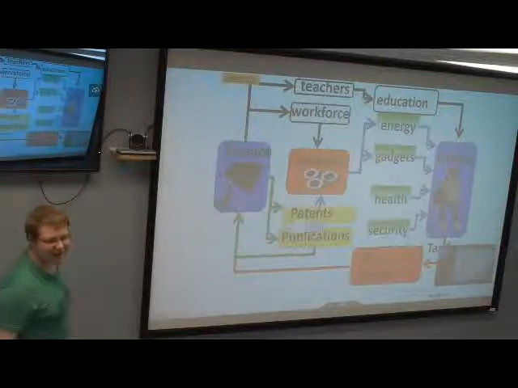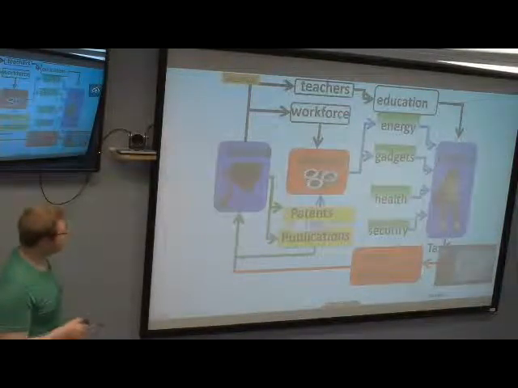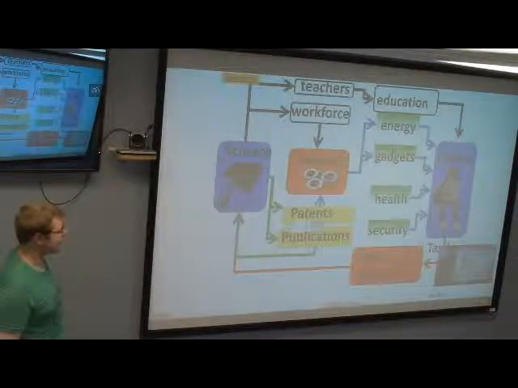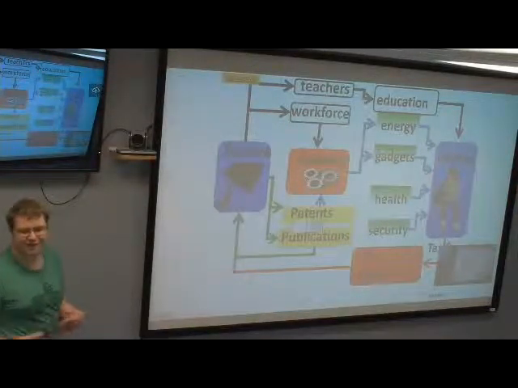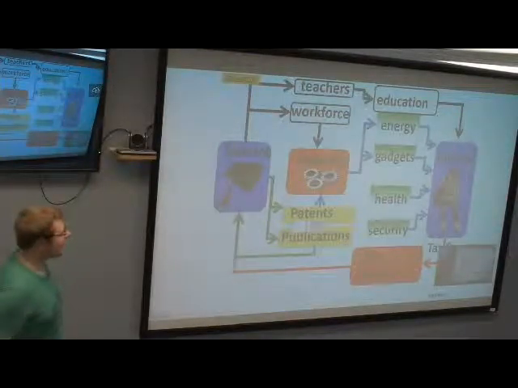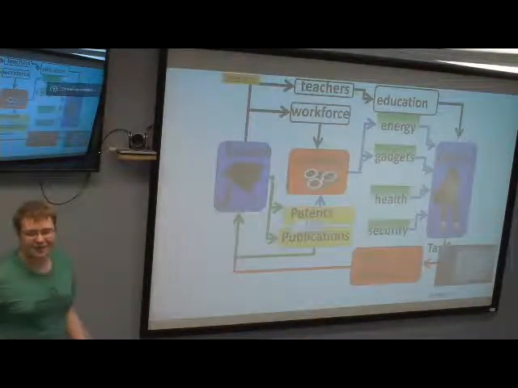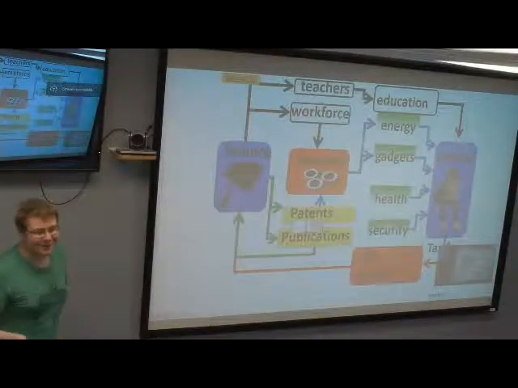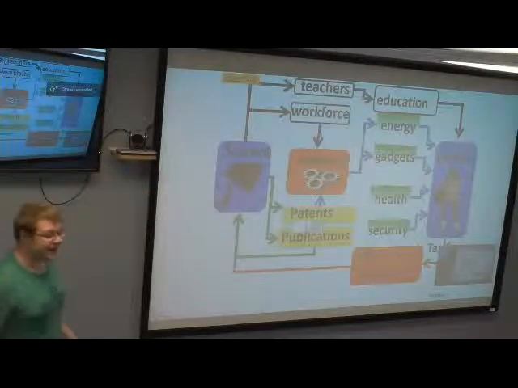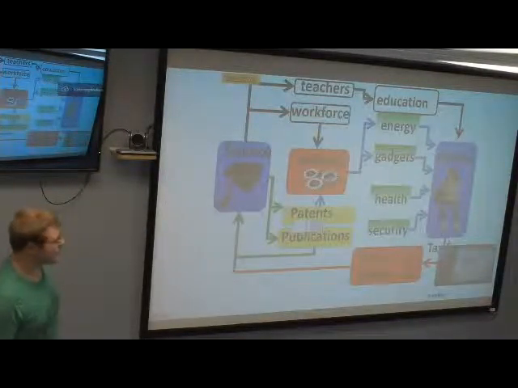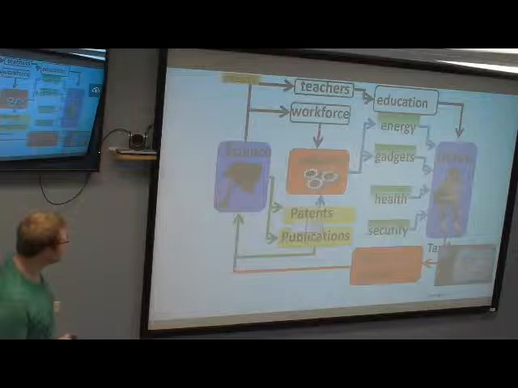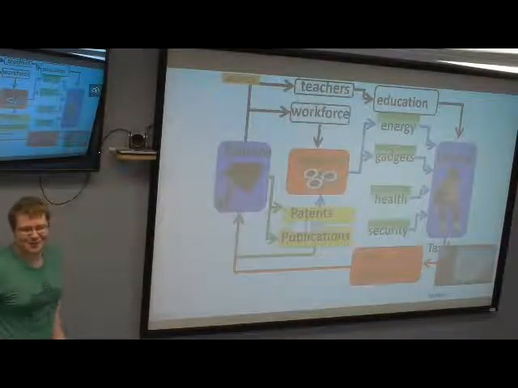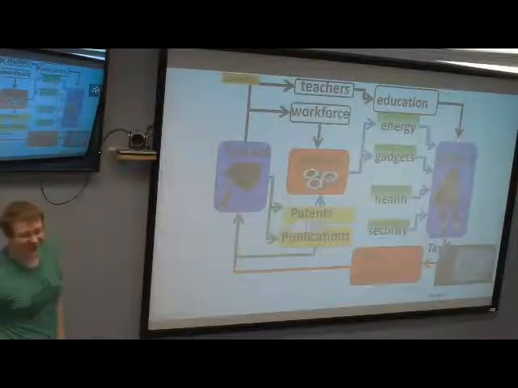Teachers lead to education, and industry leads to energy, gadgets, health, security, which are all things that benefit us as citizens. And as citizens, we pay taxes to the federal government, and the federal government gives grants to people like us who do research to do science. So it's all a vicious cycle, as it were. The circle of science. Yes, the circle of science.